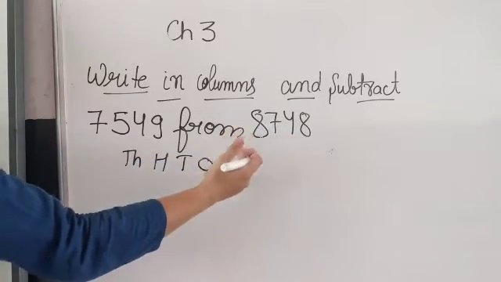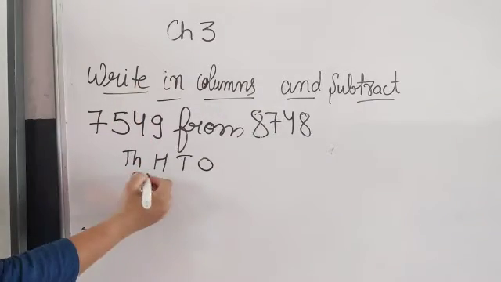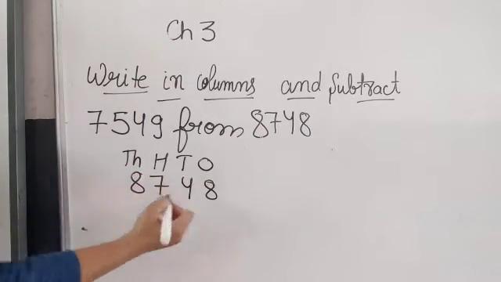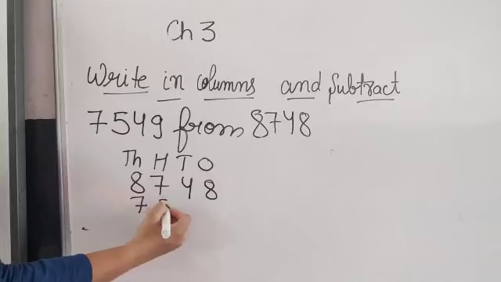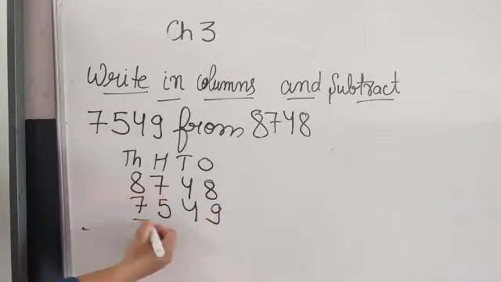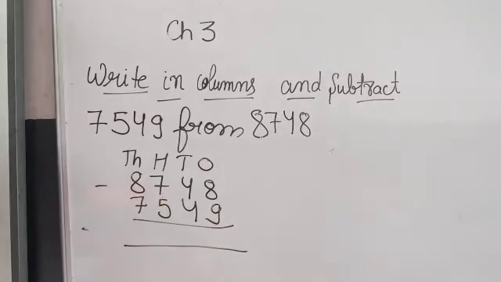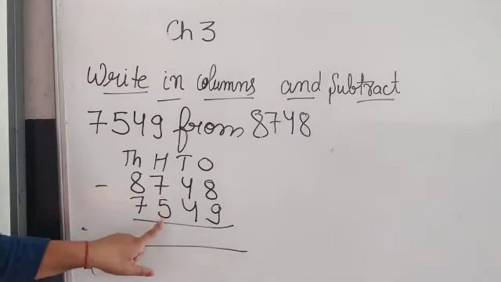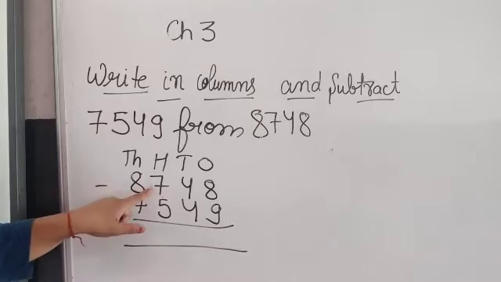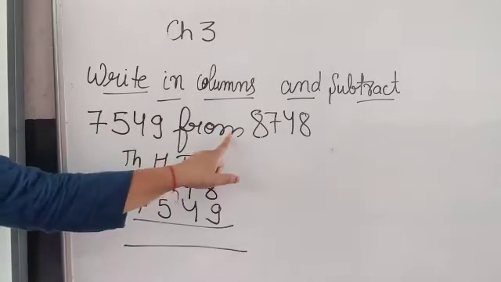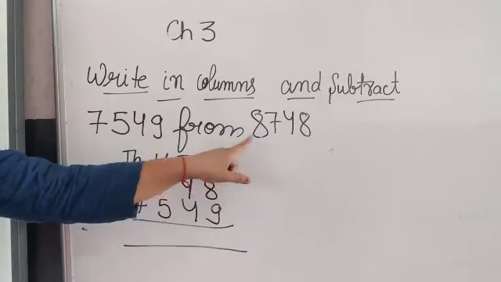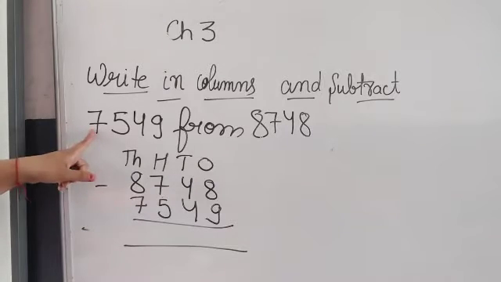So the number after "from" you have to write first. Then this number goes below the first number. The number after the "from" will come first, then this number just below it.